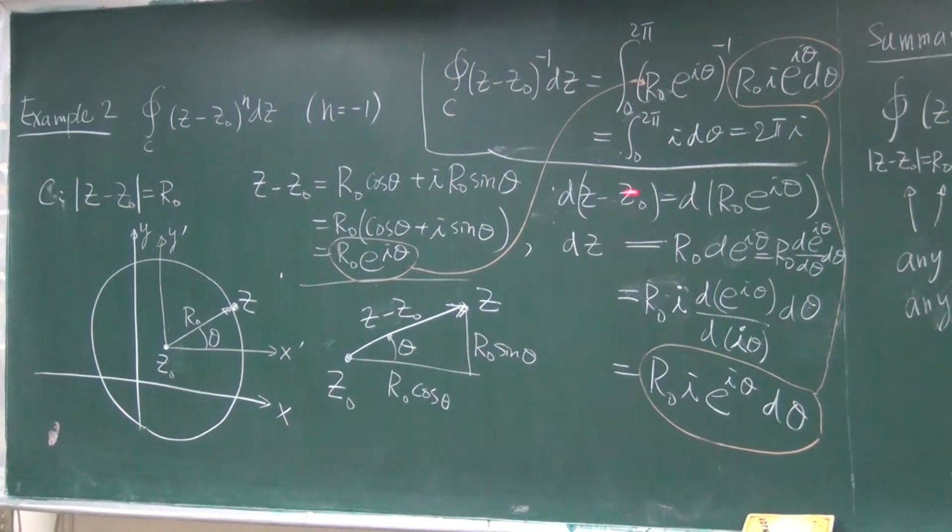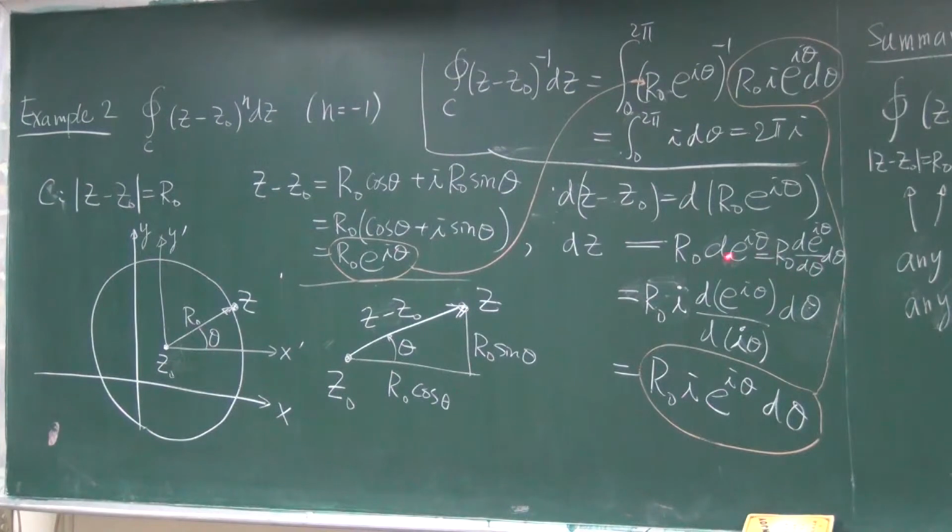For this differentiation, z0 is just a constant, so the result of the differentiation is just equal to 0. For the right hand side, R0 is a constant, so we just take it out of the differentiation. We only apply the differentiation to the exponential function.